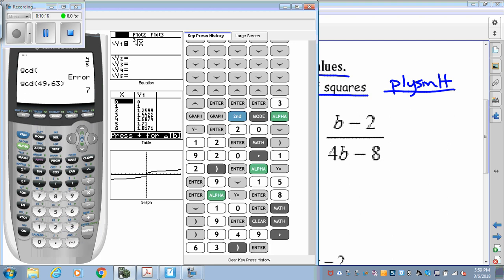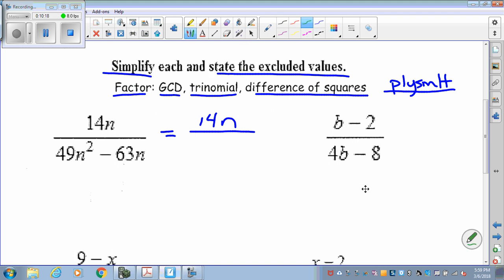It's 7. So I can pull out a 7 here, all right? They both have a factor of 7, right? And then they both have an n, right? They both have an n. So that is my greatest common factor, and then I have parentheses here, and let's see what is left. I have 49 divided by 7 is 7, and then now I'm dividing, so I'm going to subtract my exponents.